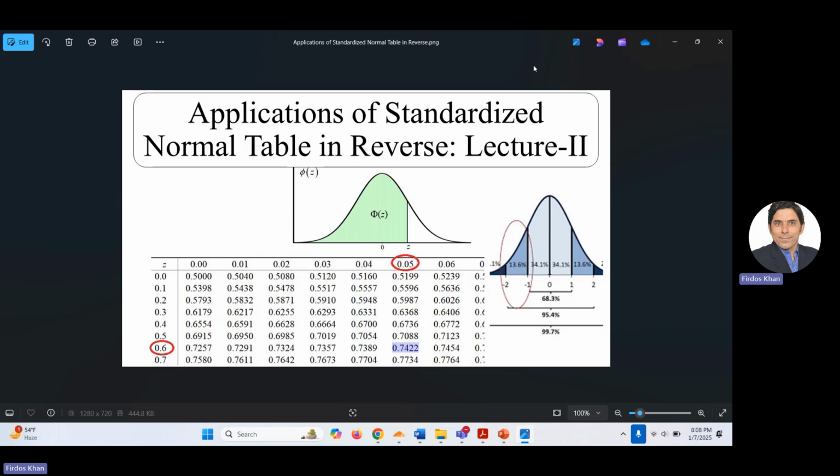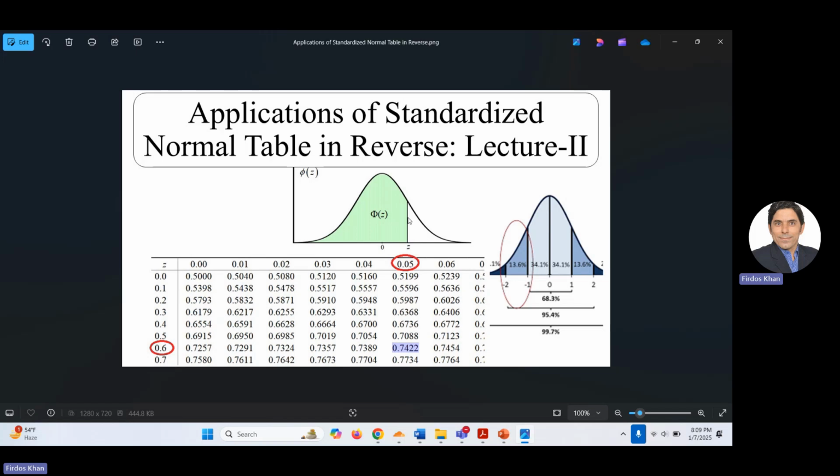In this video, we would like to find the values of the random variable for a given probability. So this is now the reverse of the first application. The first application was to find the probability for the values of a random variable, and in this lecture we will find values of the random variable for a given probability.